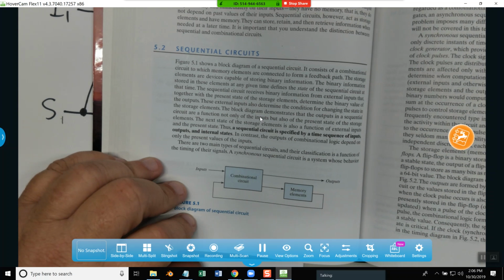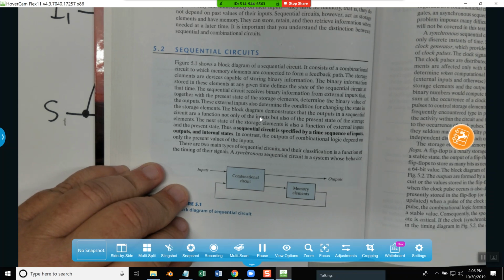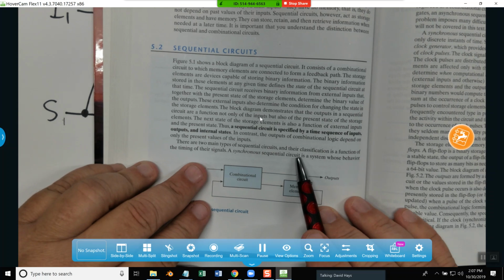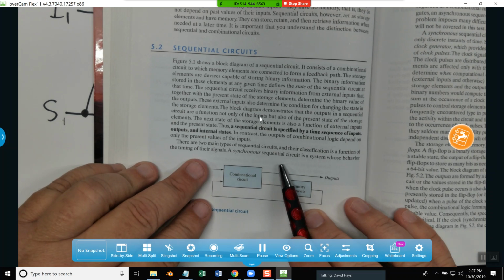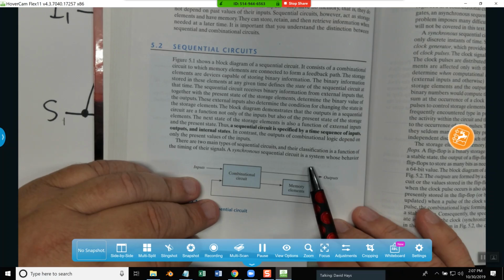Two types of main sequential circuits, and their classification is a function of the timing of the signals. A synchronous sequential circuit is a system whose behavior can be defined from the knowledge of its signals at discrete instants of time.